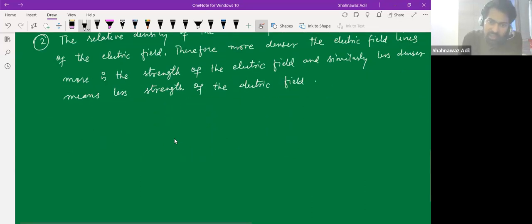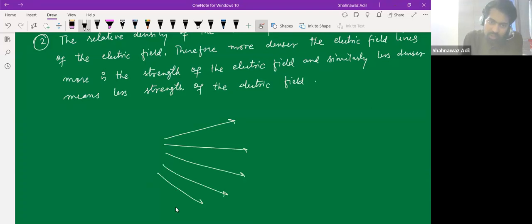So how can I represent that pictorially? Let's say you have some charge at this place, and these are the electric field lines.